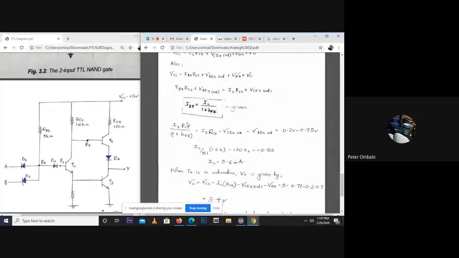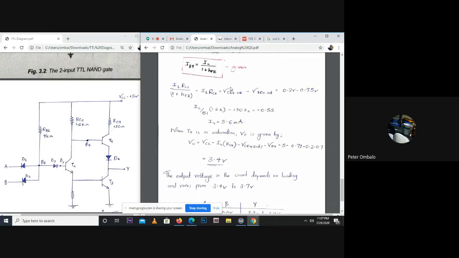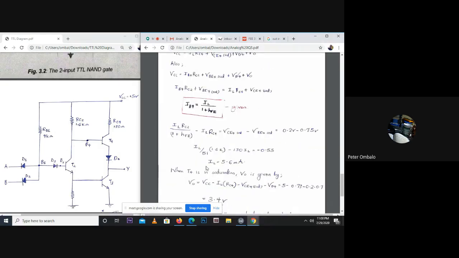If we replace Ib4 with IL so that we only work with IL, we get this over here. I hope you guys can see the equation. And if we do the math, we end up with IL as 5.6 milliamperes.